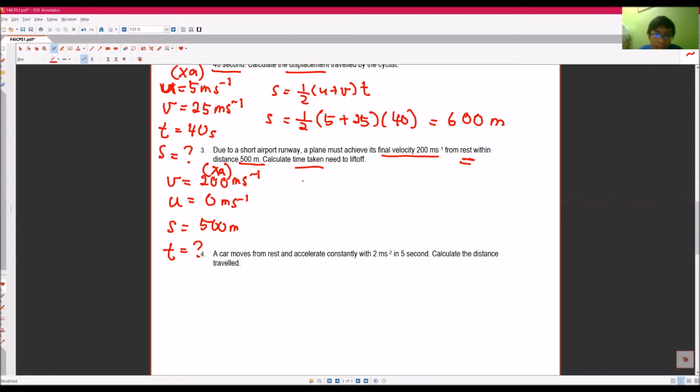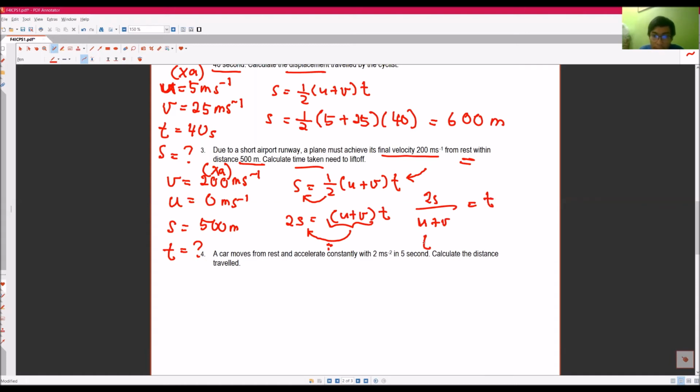In this case, we don't have a. So same formula as above: S equal to 1/2 (u plus v) times t. But we need to calculate t, so we have to rearrange the equation first before we plug in. The 2 must go over here and become multiplication, 2s, and the whole (u plus v) must go over here and become division. 2s divided by (u plus v) equal to t.